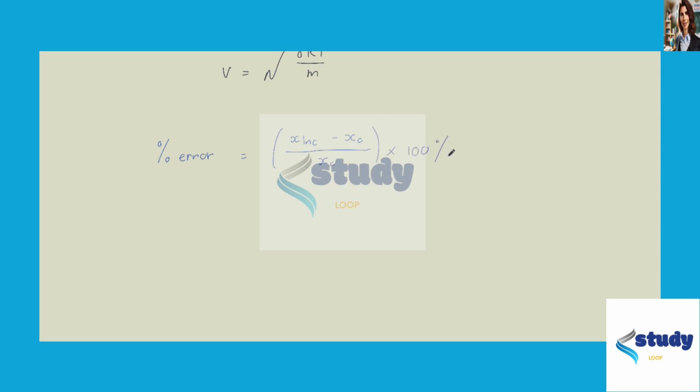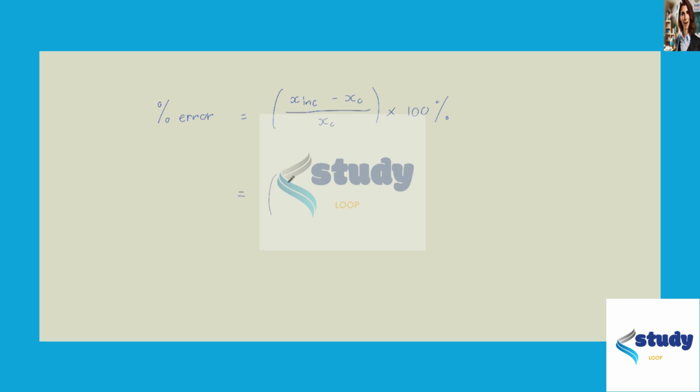That'll give us the percentage error. And we can write this as the incorrect distance over the correct distance minus 1, multiplied by 100%. We'll call this equation 1. So that's the formula to calculate percentage error.